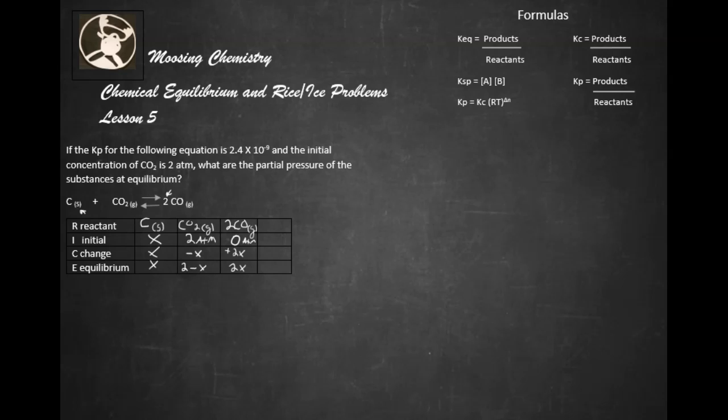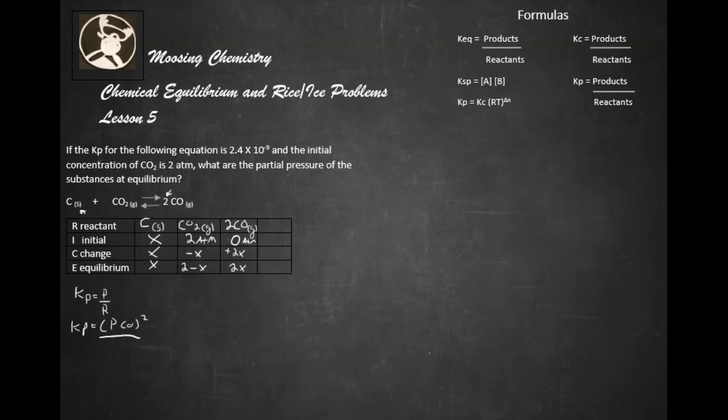All right, so now do the rest of it. What we're going to do is know that Kp, guys, Kp is equal to products over reactants. I'm just going to call it P over R, keep it short. And so you go Kp equals our pressure of our CO squared. Why is it squared? Because of that 2 again.